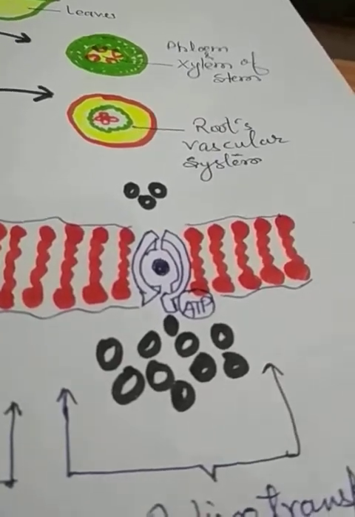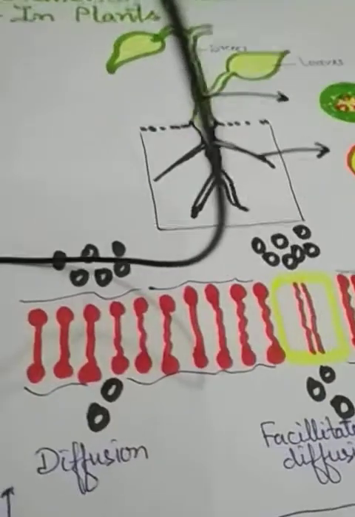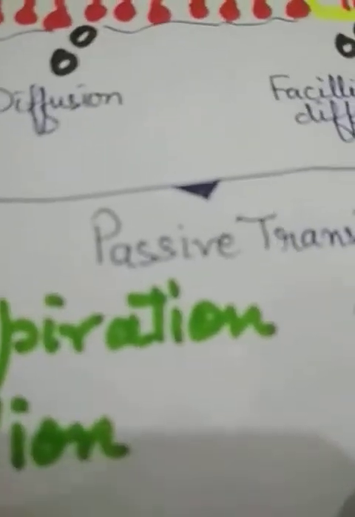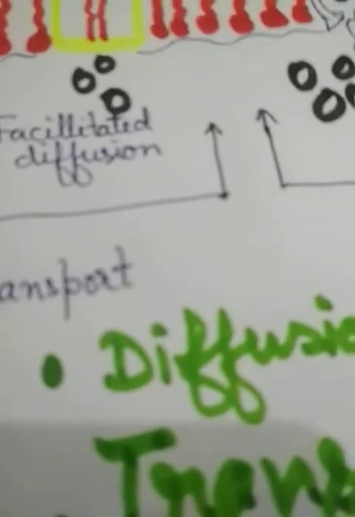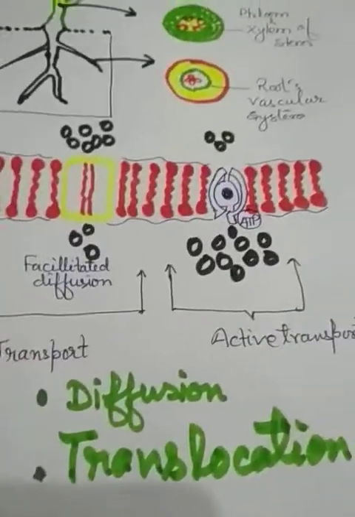So now let us see one very important aspect, that is the translocation of food. This is one very important thing that comes under transportation in plants, which can be described as the distribution of the food according to the requirement at that particular part of the plant body.